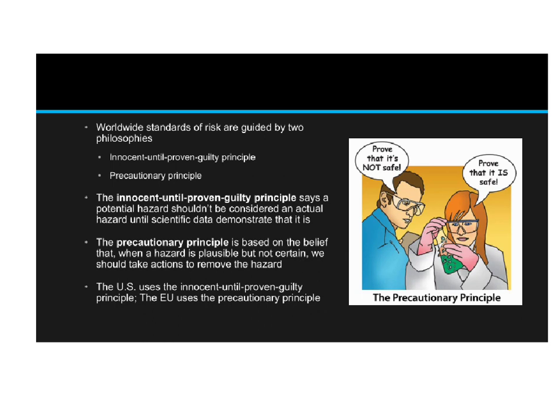Okay? Sounds normal. There's all kinds of pitfalls to this. The precautionary principle is based on the belief that when a hazard is plausible but not necessarily certain, maybe we don't have complete data, we should take actions to remove the hazard. So let's talk about each one of these.